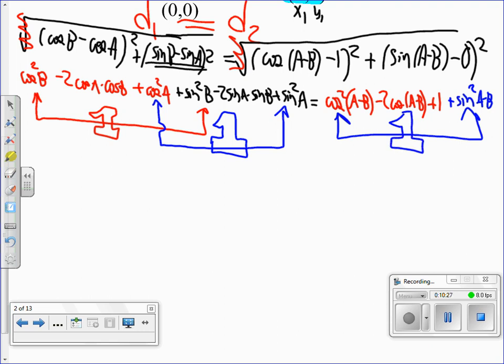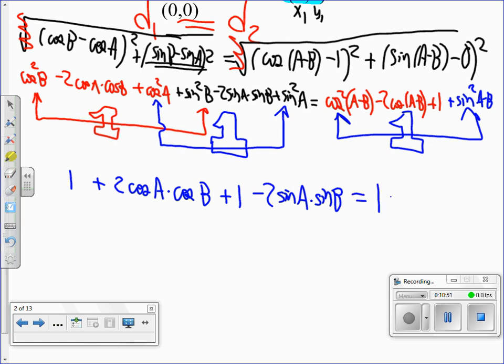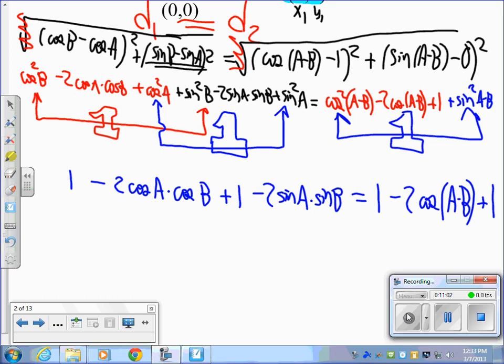There you go. So with that, we can simplify this quite a bit. This is going to be 1 plus 2 cosine a cosine b plus 1 minus 2 sine a sine b equal to 1 minus 2 cosine of a minus b plus 1. Once you have this, is there anything nice to cancel on both sides of the equation?